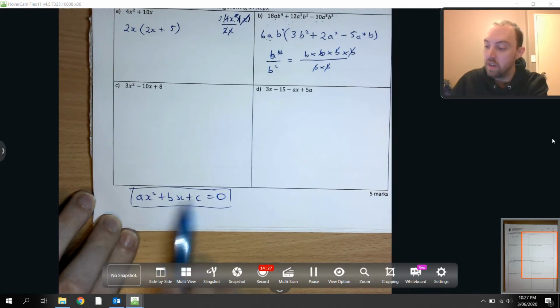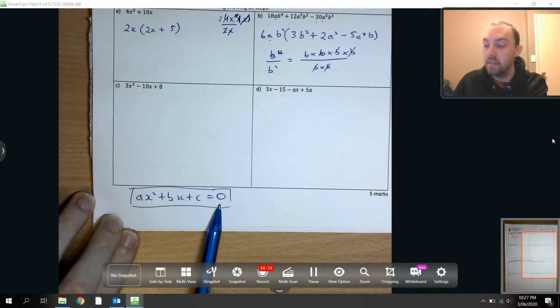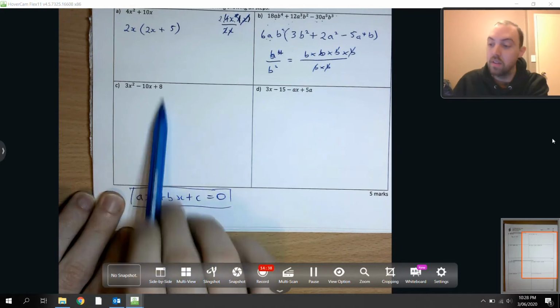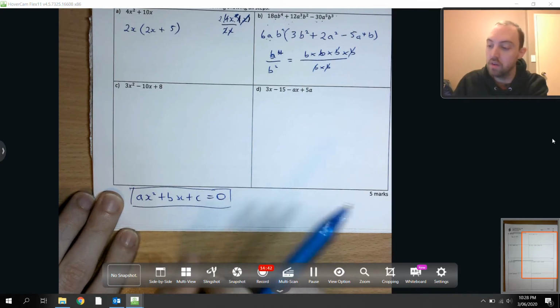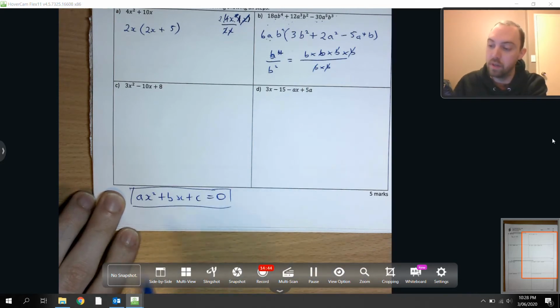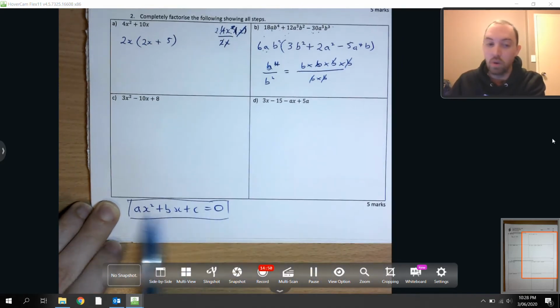These coefficients a, b, and c can change, positive, negative, 0 sometimes. But it has to be equal to 0 when we're actually trying to solve them. This one we're just trying to factorize, so there's nothing to solve just yet. We're just trying to split it up into two sets of brackets, which we'll show in a second. But that's what a quadratic looks like.